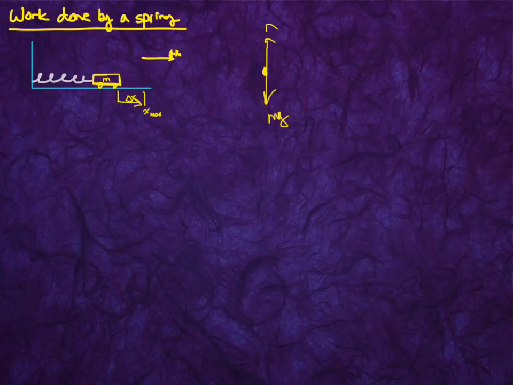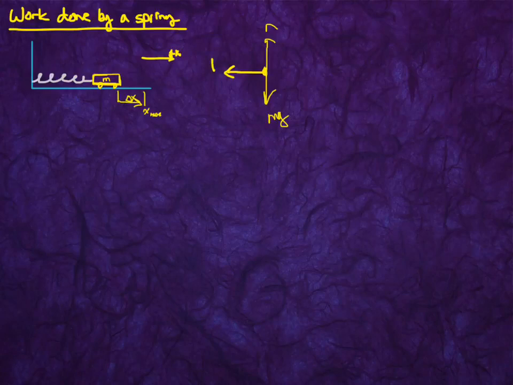So our forces are going to be normal and gravity, and then we also have a retracting force. If we pull our cart this way, there's going to be a restoring force due to the spring that pulls in the other direction.